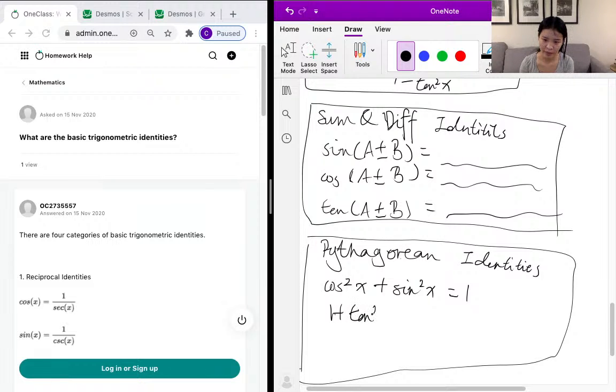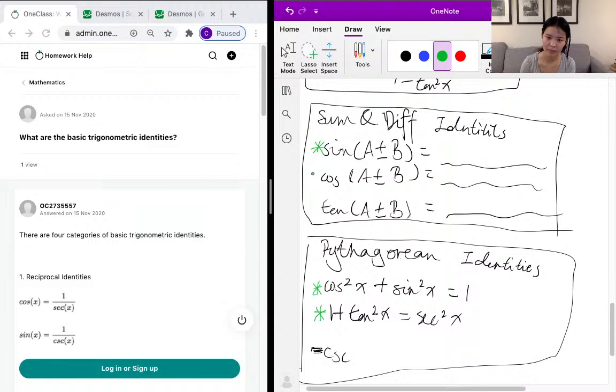The other two Pythagorean identities for trigonometry are 1 plus tan squared x equals secant squared x, and the third one with cosecant squared x. You're probably not going to see the third one as often, but the first two you'll see more often.